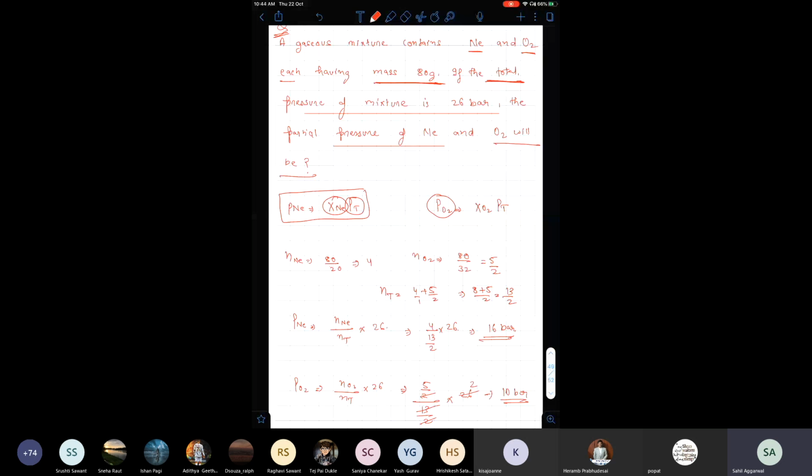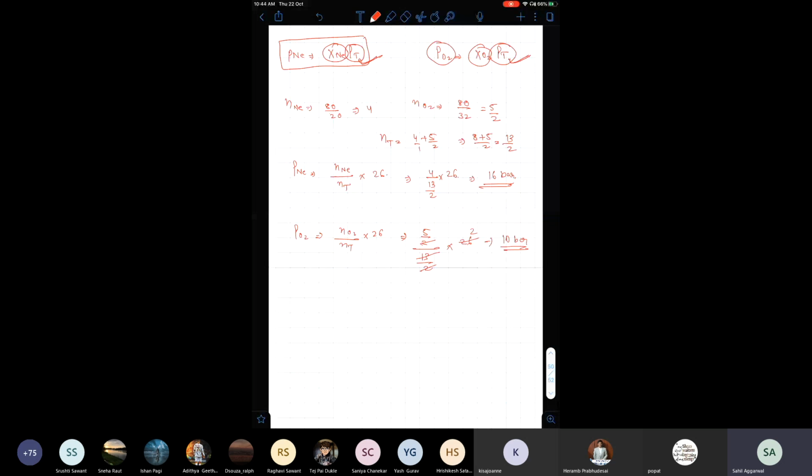Pressure of oxygen will be mole fraction of oxygen into total pressure. Total pressure is given in the question, that is 26. We just have to calculate the mole fraction. For calculating mole fraction, we want moles first. So first we'll calculate moles, given mass upon molar mass. We'll calculate the total moles. Then we'll put in the main formula. We'll get the answer.